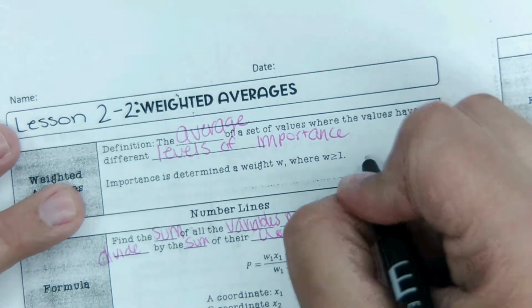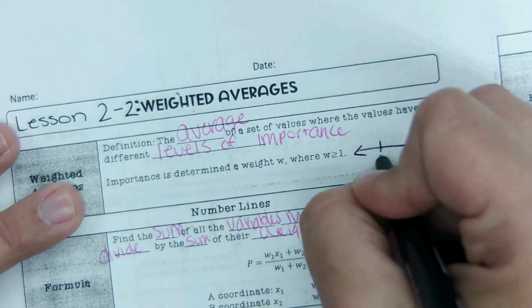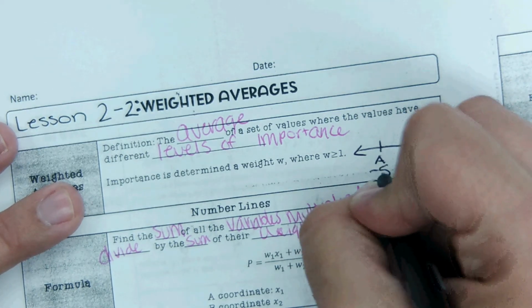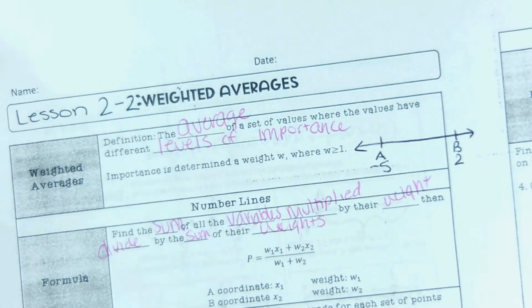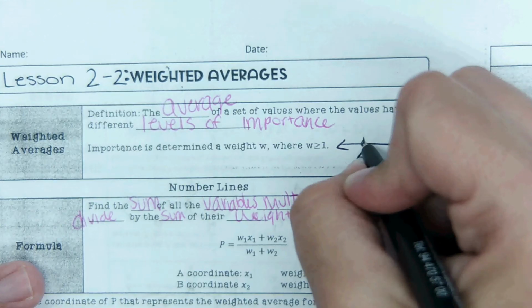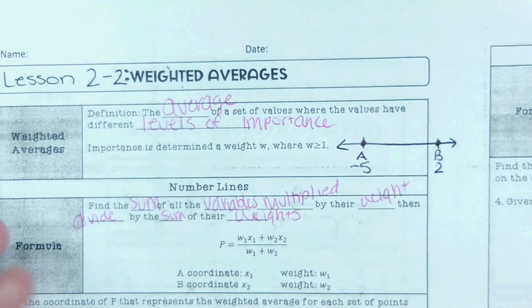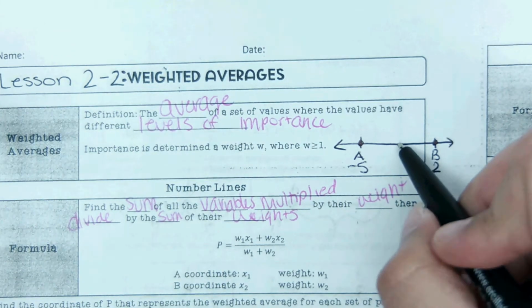So let's say we have a number line, and you have point A here at -5, and point B here at, let's say, 2. If I just had a dot on there and I asked you to find the average, you'd be trying to find the middle of those two numbers, so the average would fall in the middle.